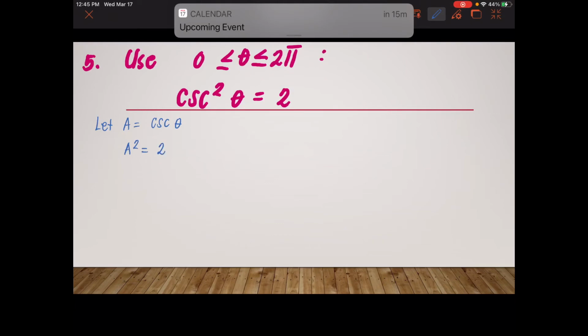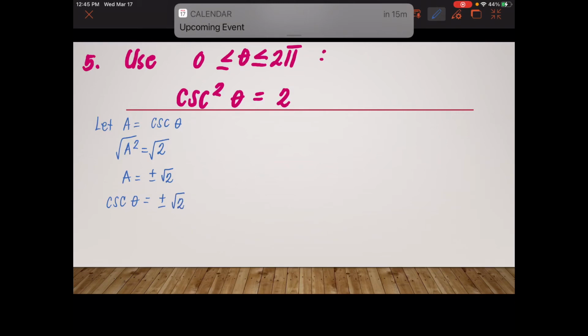I can solve for my a by getting the square root of both sides. So my a will become positive and negative square root of 2. After getting that, we substitute back cosecant theta. So cosecant theta is equal to positive or negative square root of 2.